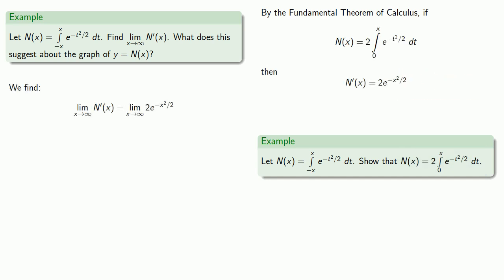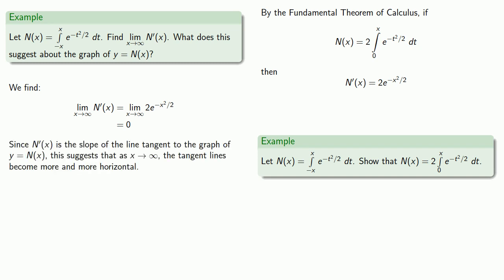Now as x goes to infinity, this expression goes to 0. And since n prime of x is the slope of the line tangent to the graph of y equals n of x, this suggests that as x goes to infinity, the tangent lines have slope going to 0, which means they're going to become more and more horizontal.